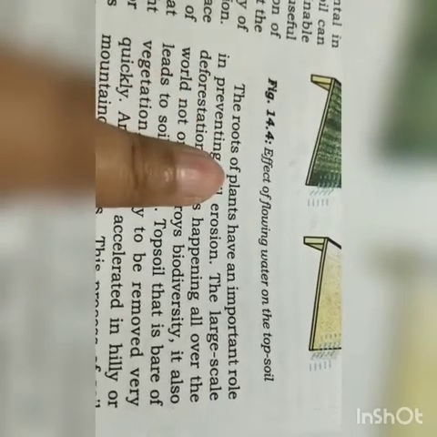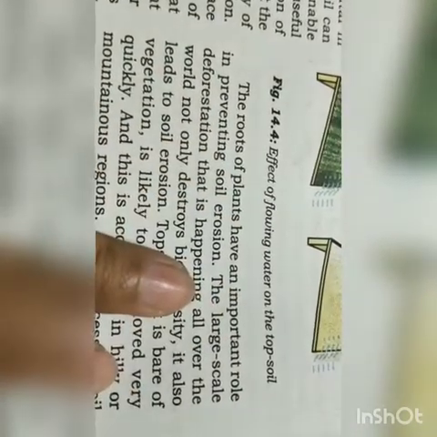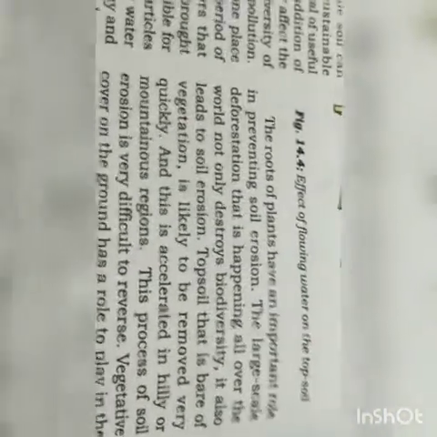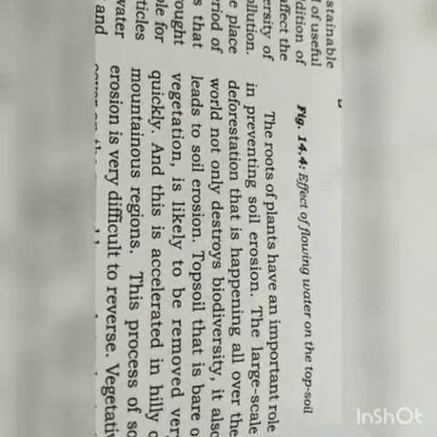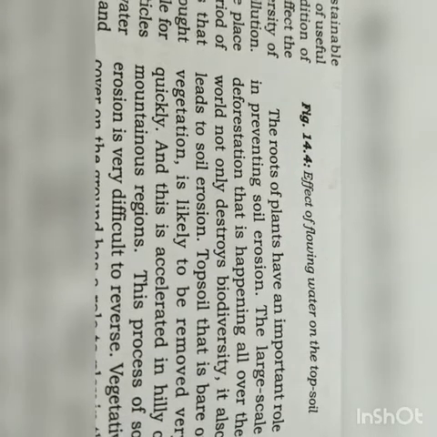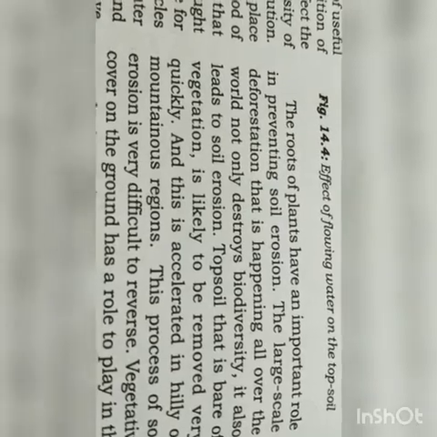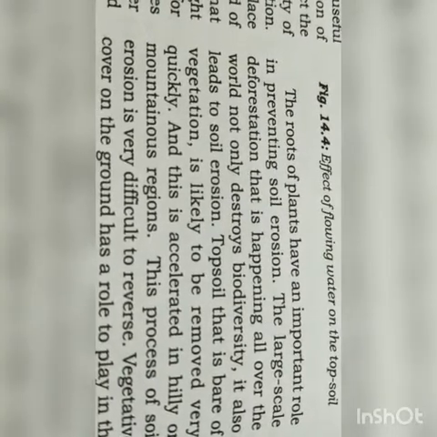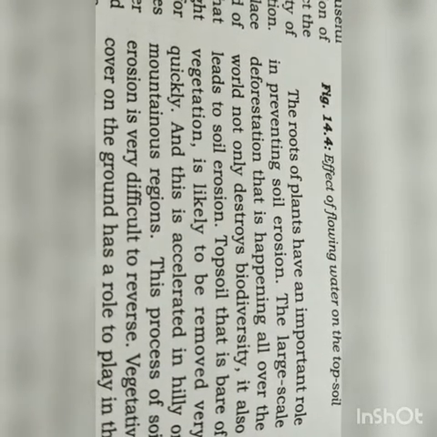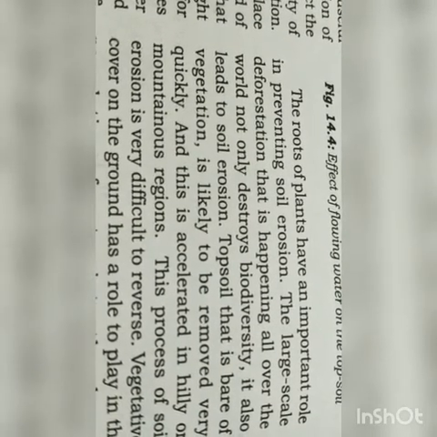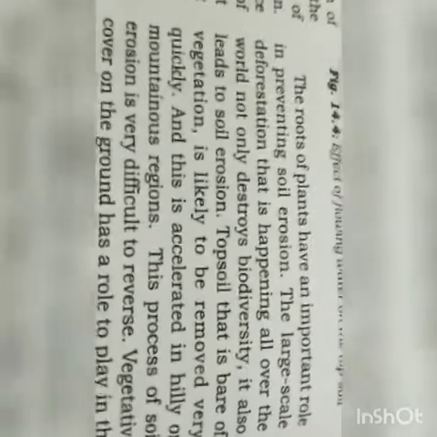And the roots of plants have a very important role in preventing soil erosion. What will the roots do? They will hold the soil nearby very tightly, so it will not allow the soil to erode. And it will help to preserve the biodiversity of that particular area also.